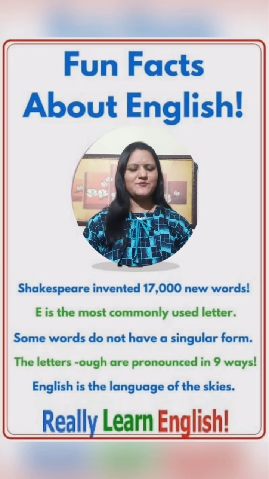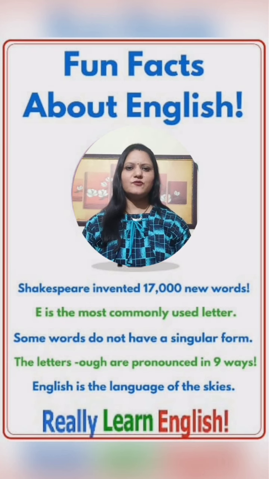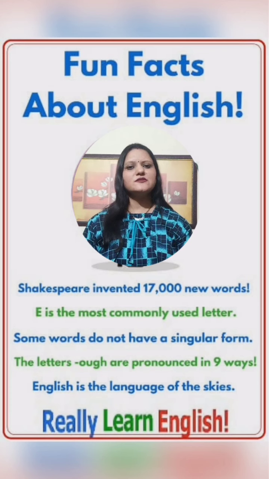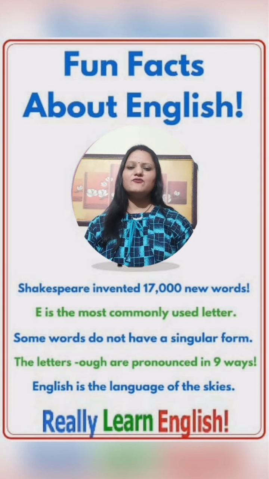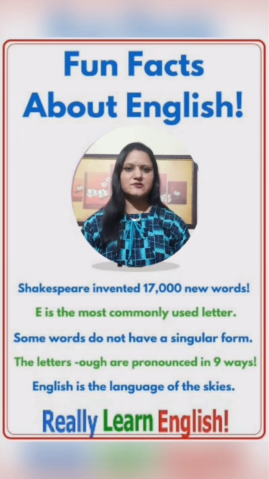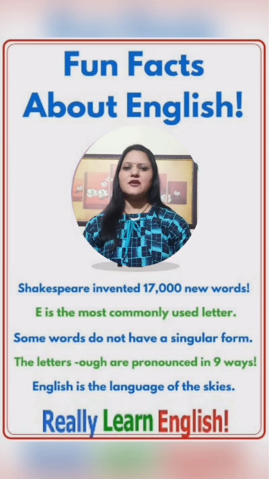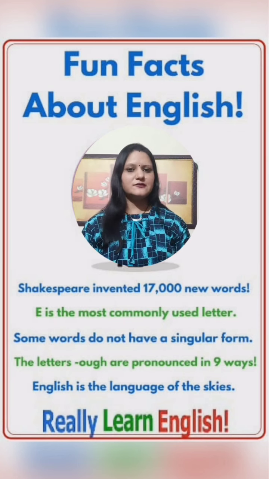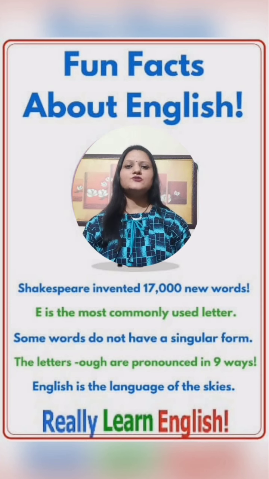So, a few fun facts about English. Shakespeare invented 17,000 words which are used every day in our English language. And I would like to tell you that there is a difference between letter and alphabet. Every single letter, that is A, B, C, D, is called a letter. And the combination of these, all 26 letters, are called the alphabet.